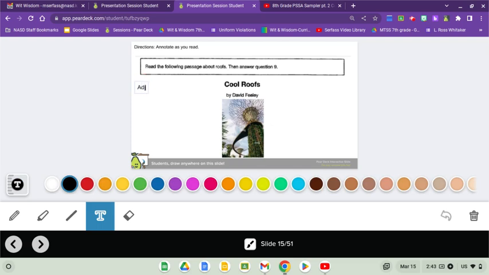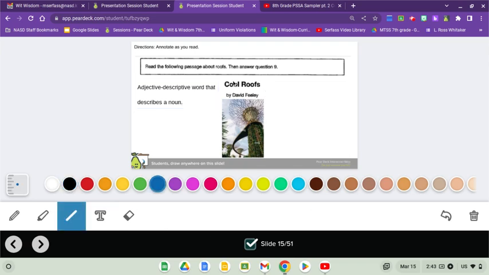An adjective is a descriptive word that describes a noun, right? So a noun, let's underline a noun. A noun would be roofs, right? A noun is a person, place, or thing, or an idea.